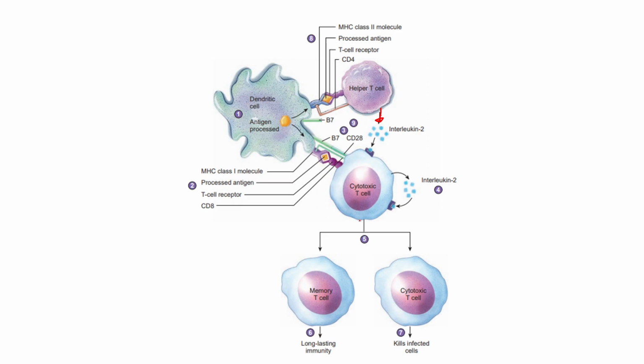Some T cells will become memory T cells, while some will become daughter cells of cytotoxic T cells. And these cytotoxic T cells can kill our infected cells. If this is not available, helper T cells can provide interleukin 2 since they can also produce interleukin 2 for our cytotoxic T cells, enabling them to also be activated.